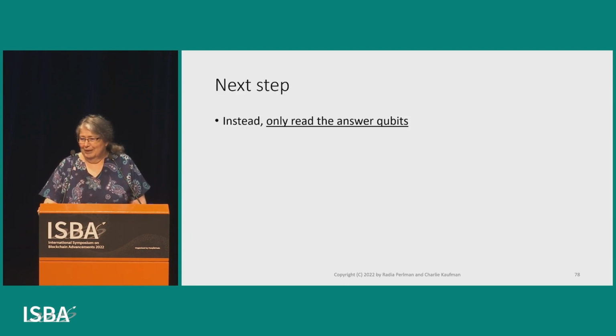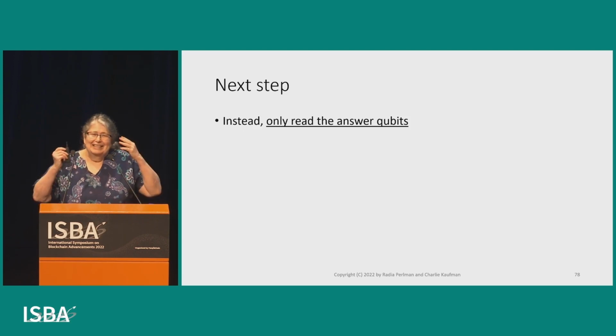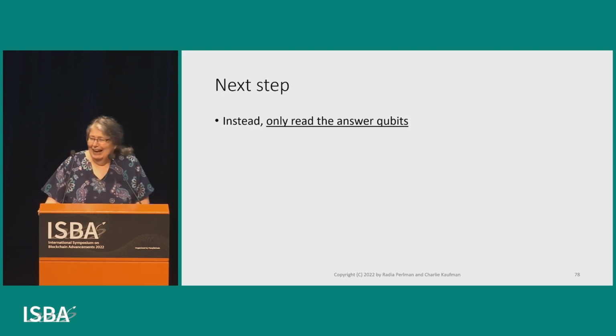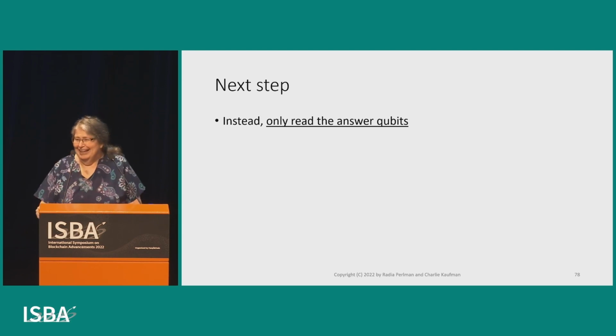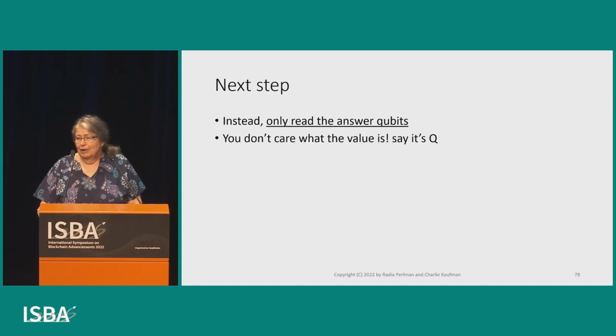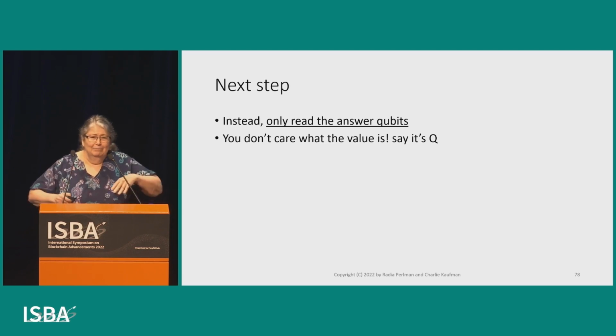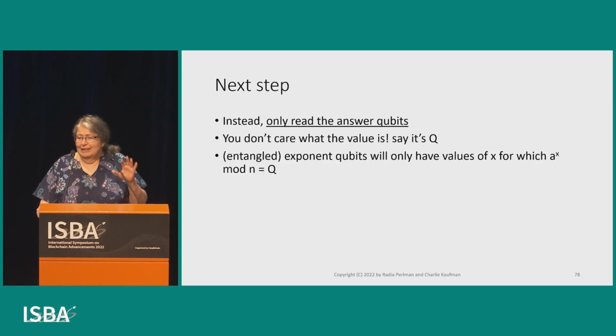So instead, we're not going to read the exponent qubits, we're only going to read the answer qubits. You don't care what value you get, you're going to get some random number, q. But what are we going to do with that? Once you read the answer qubits and get q, all of the values of the exponent qubits for which a to the x mod n is not equal to q go away.